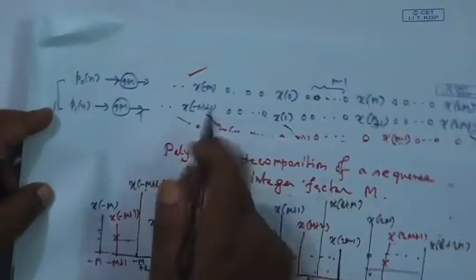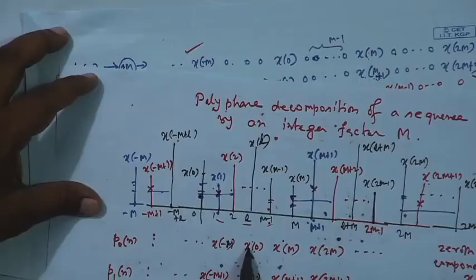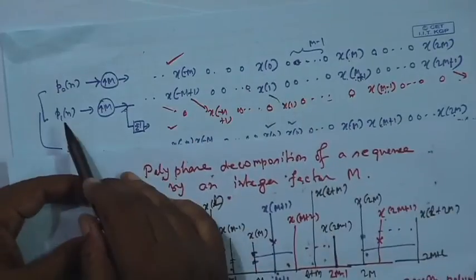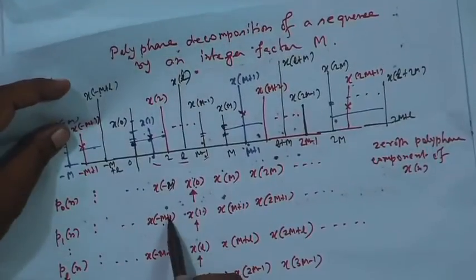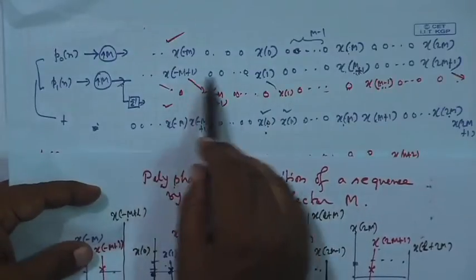How? You first expand P0(n): between these samples you insert M minus 1 zeros, between these two M minus 1 zeros, between these two M minus 1 zeros, like that. Then P1(n) also you expand, with M minus 1 zeros between samples.